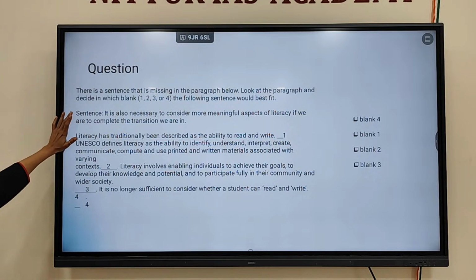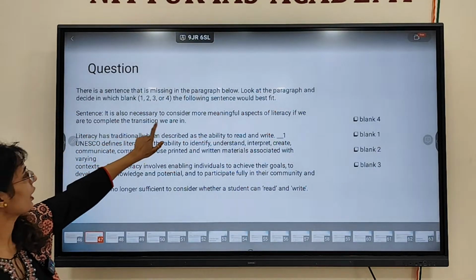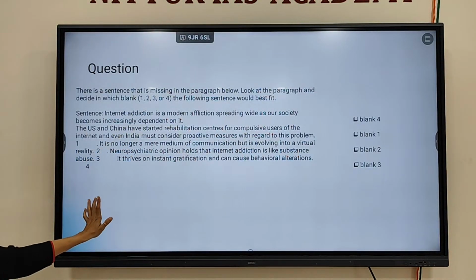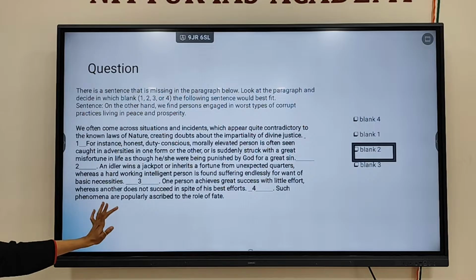Okay, this is the opening sentence. This one, opening sentence, and then we have the blank, and this is the closing sentence. All right, according to the question.